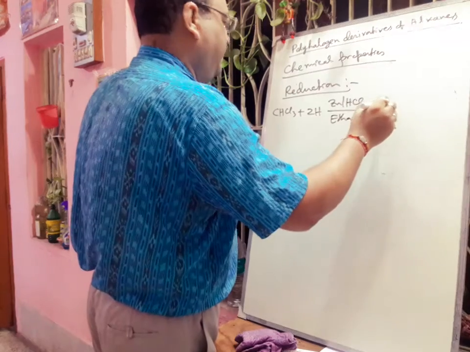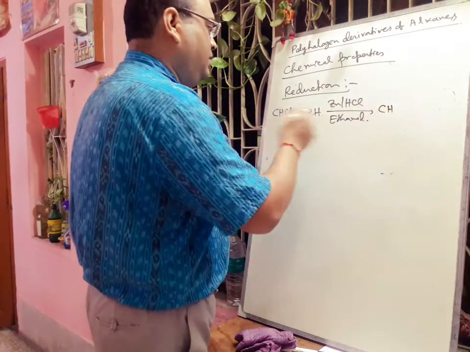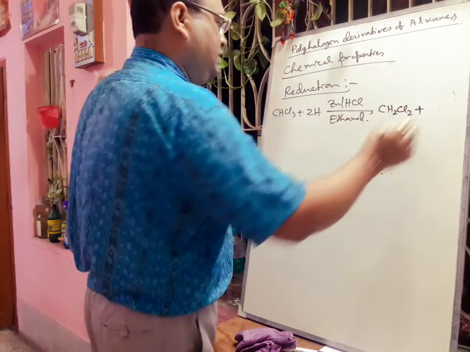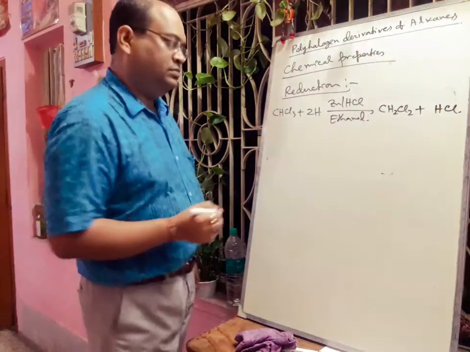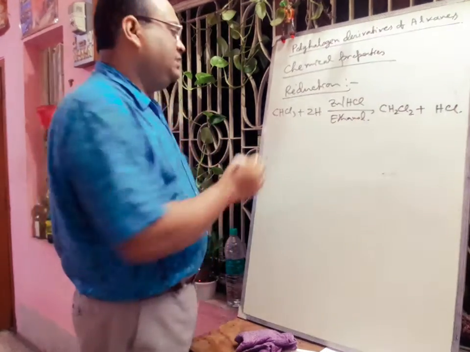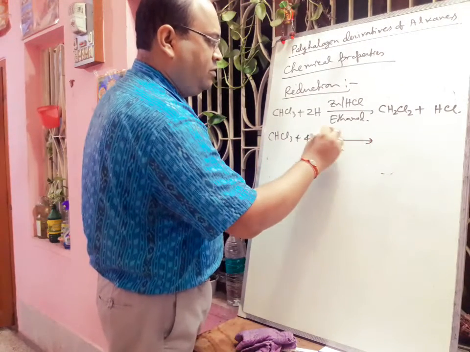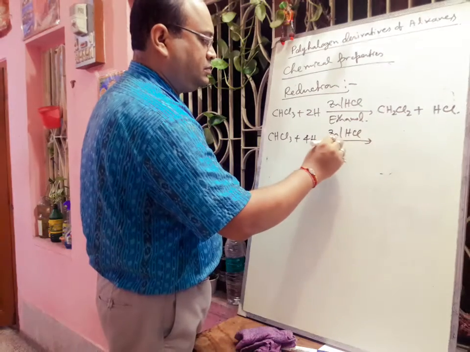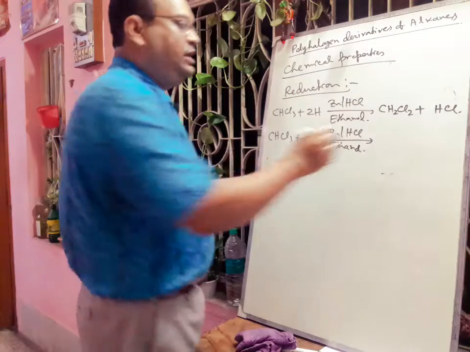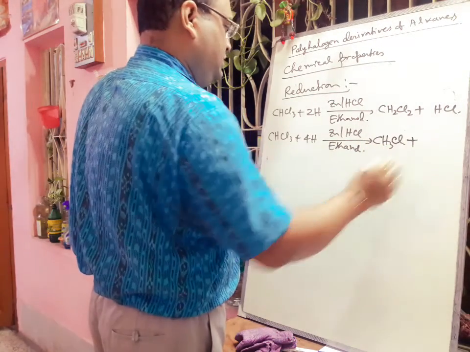That will give you CH2Cl2 plus HCl. So this is dichloromethane. Next, if we use 4H, same condition, then we will get CH3Cl plus 2HCl.